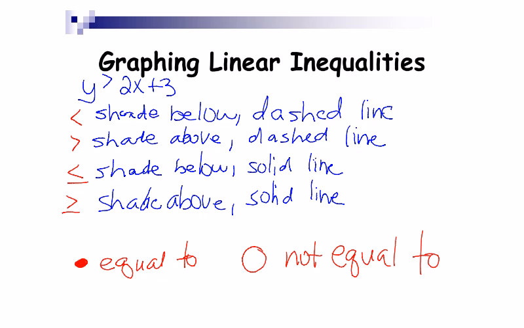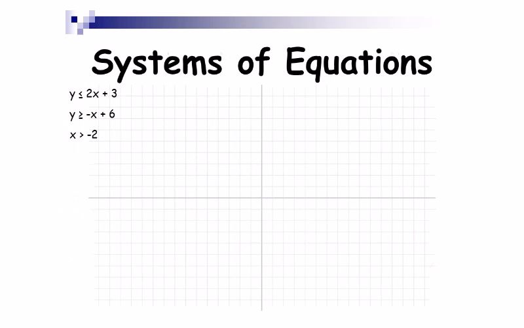All right. So let's go on to our equations. We're going to do the same equations before. We're going to add one more equation in there. So I'm going to go, starting at 3, I'm going to go up 2 over 1.